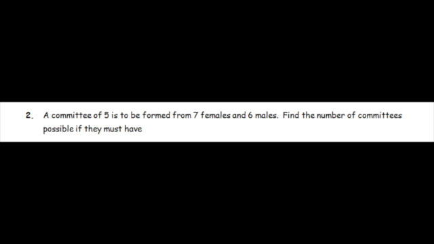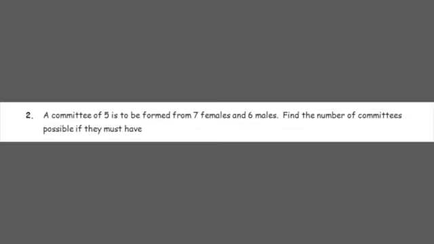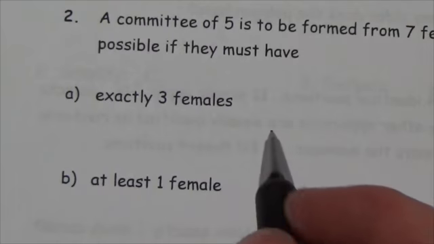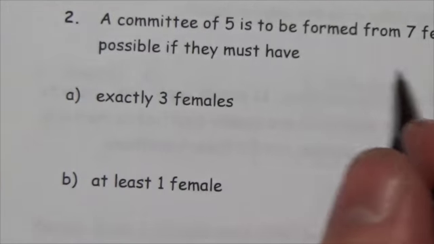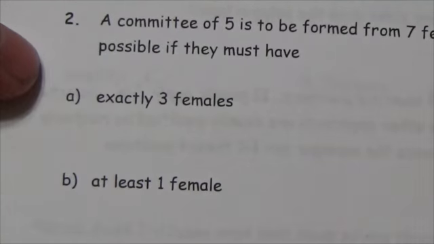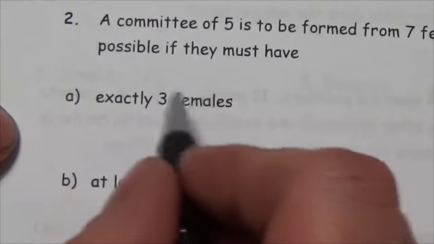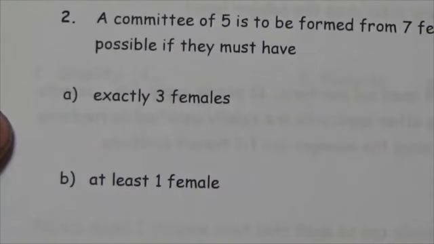A committee of 5 is to be formed from 7 females and 6 males. Find the number of committees possible if they must have exactly 3 females. We're back to committees. We're creating a committee of 5, choosing from 7 females and 6 males, but our restriction is exactly 3 females.